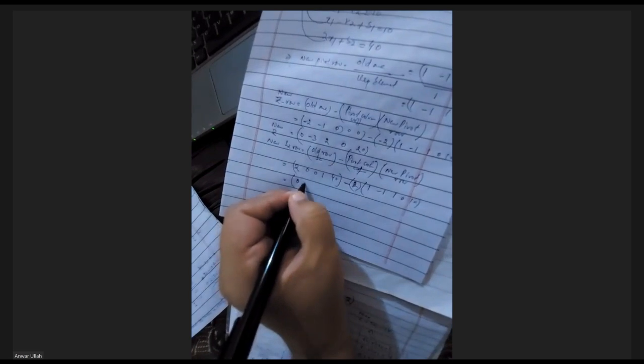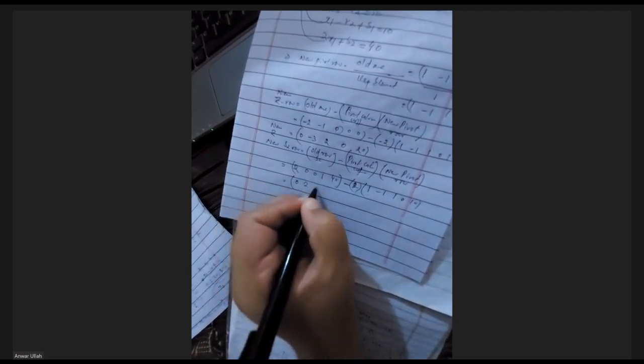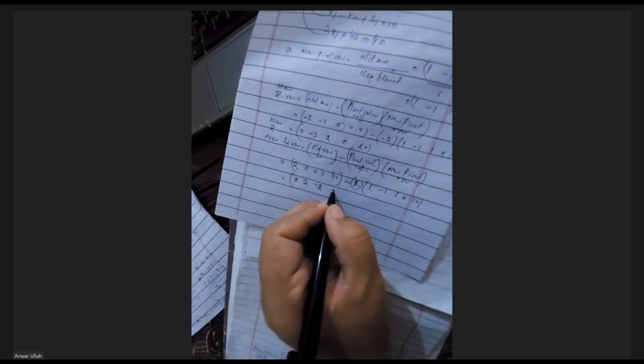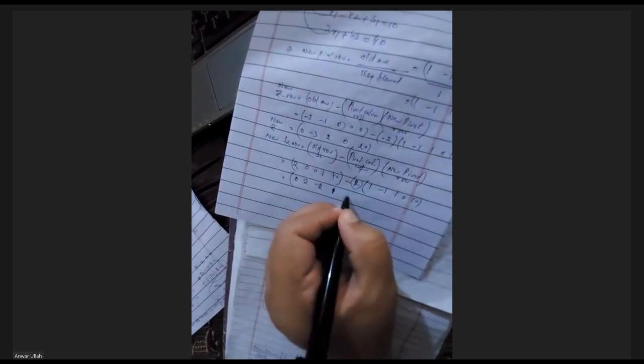It will be equal to 2 minus 2 is 0, 0 plus 2 is 2, 0 minus 2 is minus 2, 1, 0, 1 minus 2 into 0 is 1 actually, 40 minus 2 into 10, 40 minus 20 is 20. So this is the new S2 row.